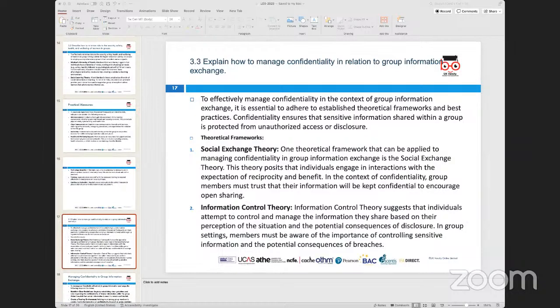Now, when we talk about the information control theory, what we are looking at in particular is a relationship between how certain things can be made available, or I would say certain parts of the information can be made available or processed by a group of individuals which could have access to that information.